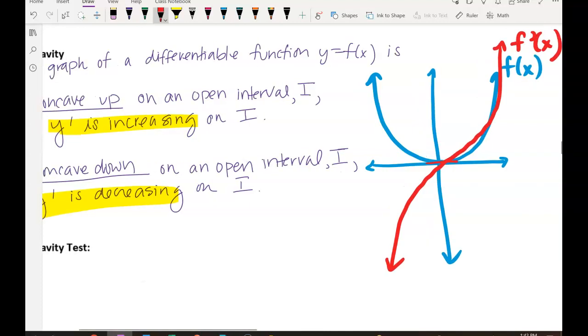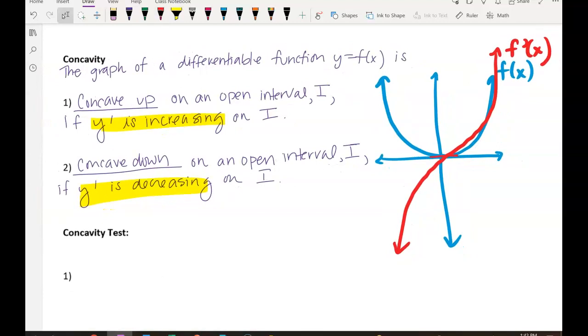It's saying that the concavity of our graph is based on this. So when y prime is increasing, it's stating the slope of the derivative, okay guys. So here's y prime, it's increasing, that means the slope of y prime, so the second derivative.